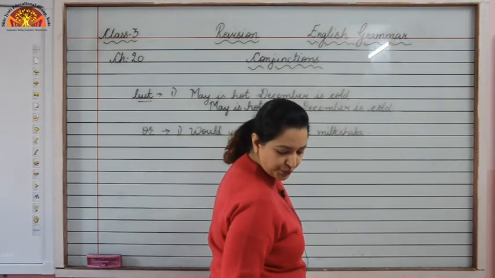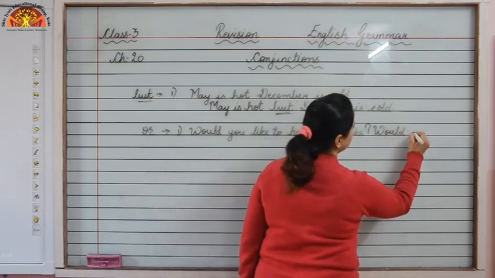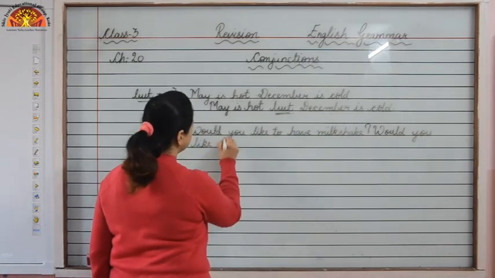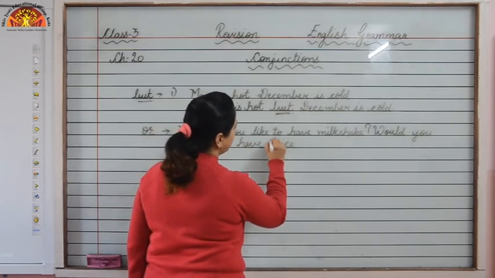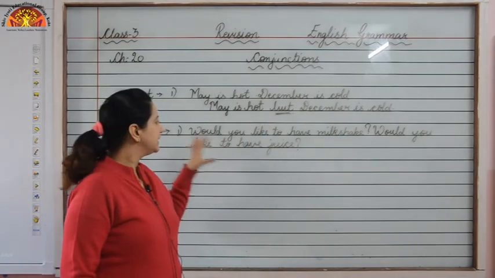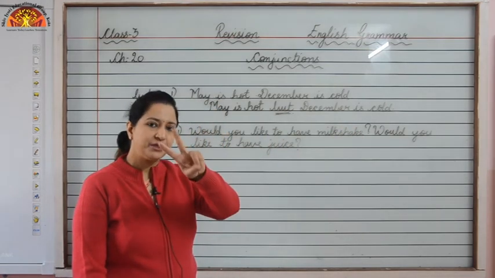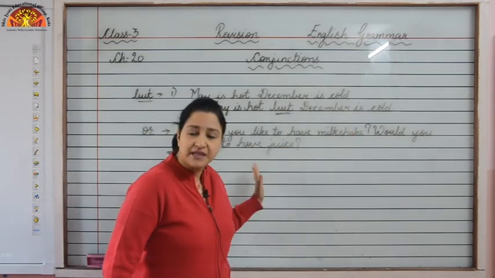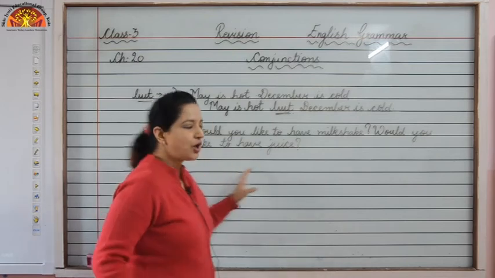Next sentence is, would you like to have juice? Question mark. Now here are two sentences, but again in these two sentences I am giving you choices between milkshake and juice, but the rest of the sentence is the same. So when we are giving a choice between two things, we have to use or.